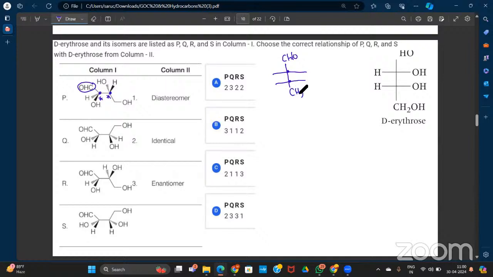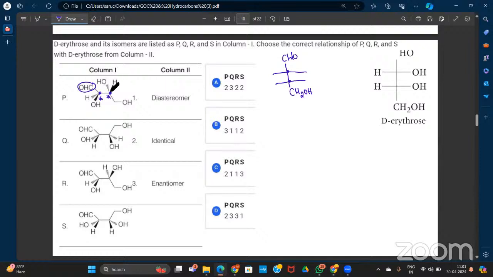Here you have hydrogen and OH, and here too hydrogen and OH. This hydrogen is present below the plane, and OH is on the plane. And here hydrogen is on the plane and OH is below the plane.